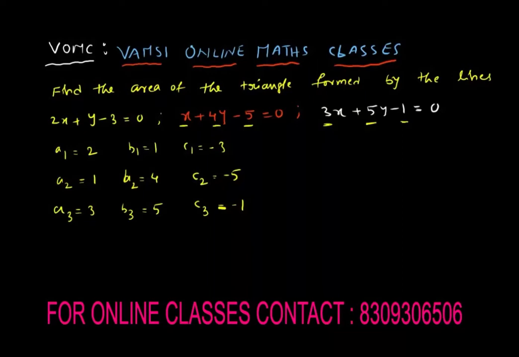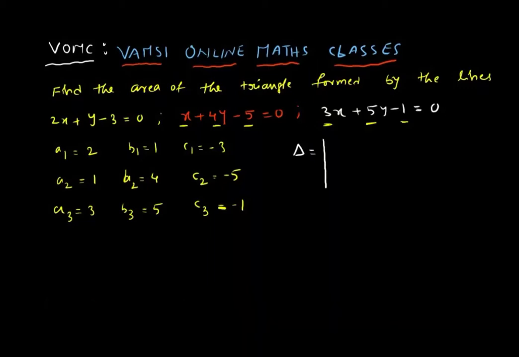Come to find delta. What is the formula to get delta? A1, B1, C1, A2, B2, C2, A3, B3, C3. So apply here. Here we have minus symbols.